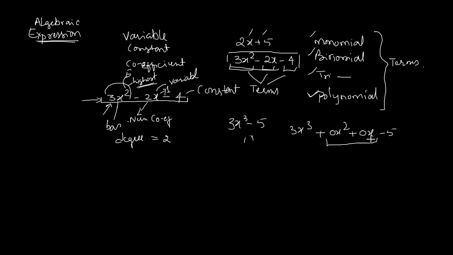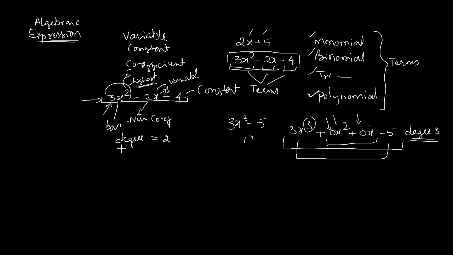These are the ones which are missing, they don't exist. So the highest is 3, so the degree is 3. Remember that degree, based on that you can differentiate between polynomials.